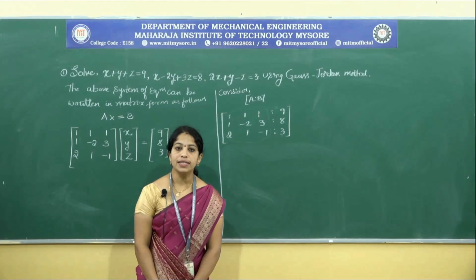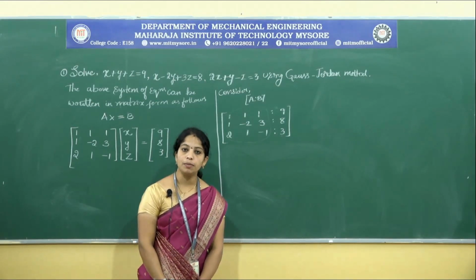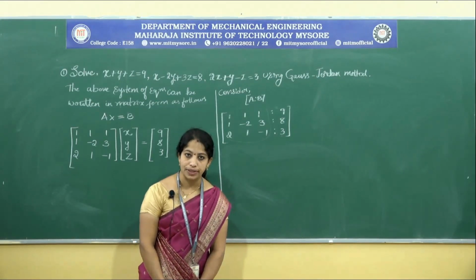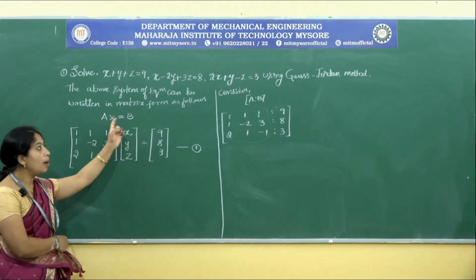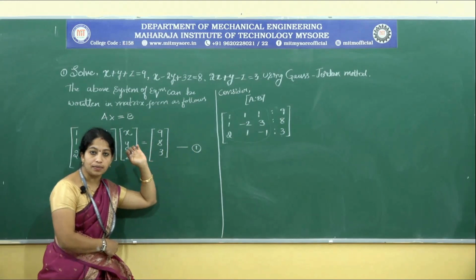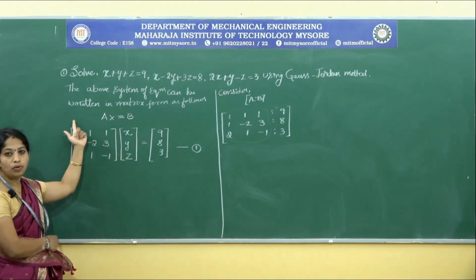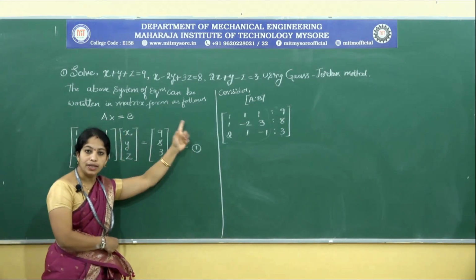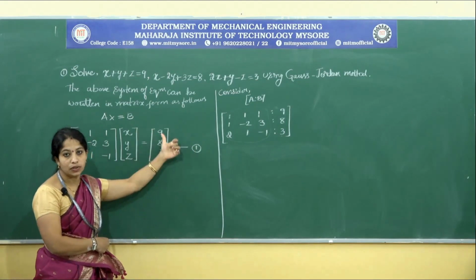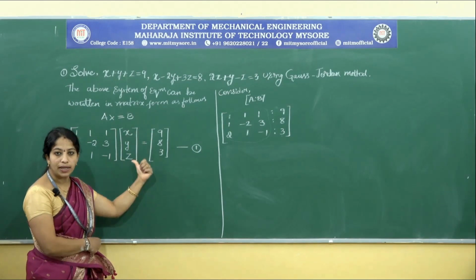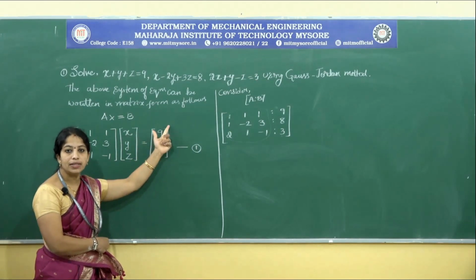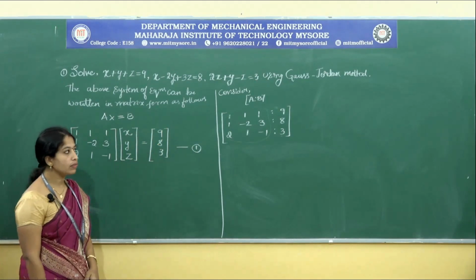Now let us solve the same problem by using another method, that is the Gauss-Jordan method. We are supposed to solve this system of equations by using the Gauss-Jordan method. The above system of equations can be written in matrix form, that is Ax equals B. Here A is the coefficient matrix, X is the matrix of unknowns and B is the constant matrix.